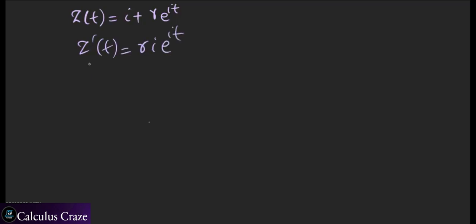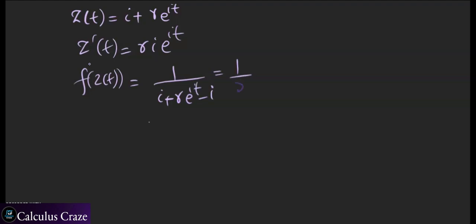Then my parametric equation will be z of t equal to iota plus r e to the iota t. Its derivative is r iota e to the iota t, and my f of z of t in this case is going to be 1 over iota plus r e to the iota t minus iota, which is equal to 1 over r times e to the minus iota t.